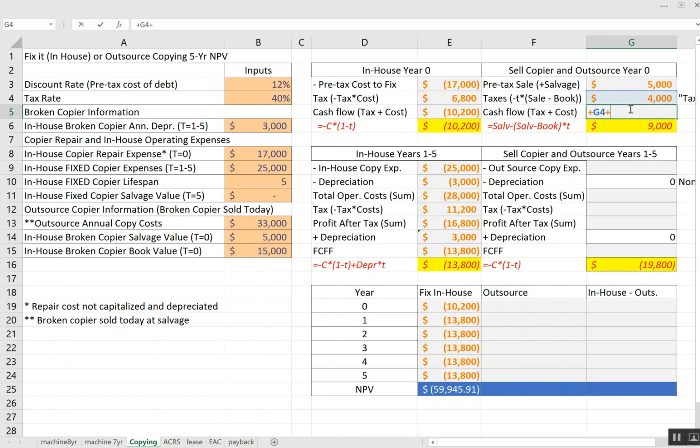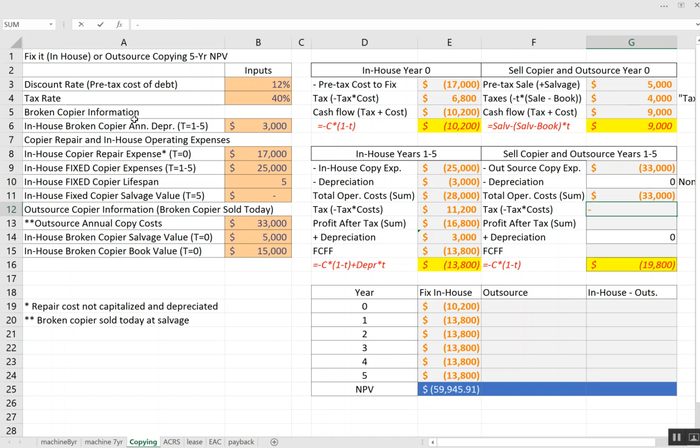So the after-tax effect of selling that copier at a loss is I'm going to generate $9,000: $5,000 from the sale, and $4,000 of a tax shield. Now I no longer have a copier, and I have estimated that I'm going to spend $33,000 outsourcing my copying expenses. There's no depreciation since I'm outsourcing this, so my total costs are $33,000.